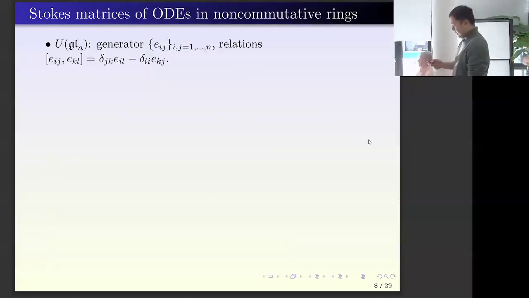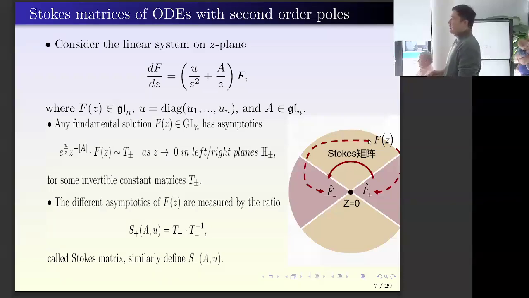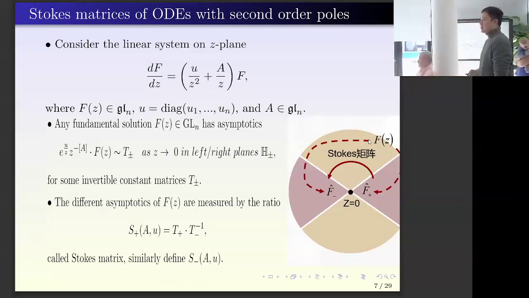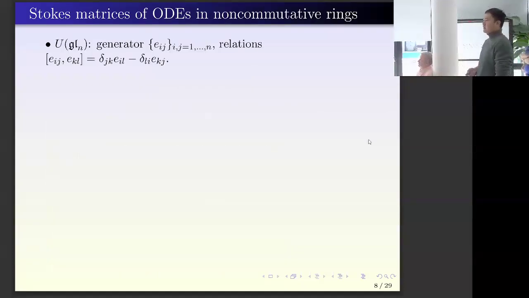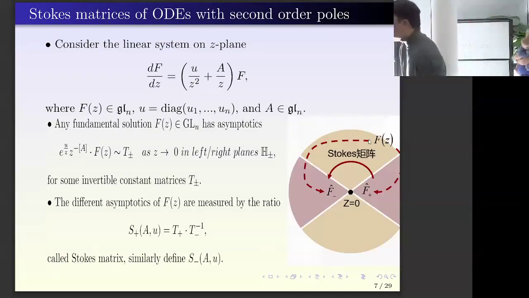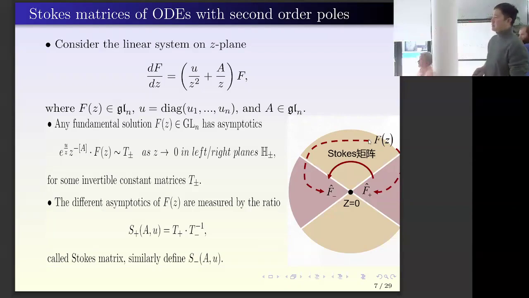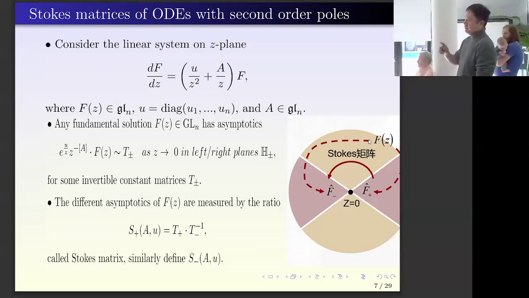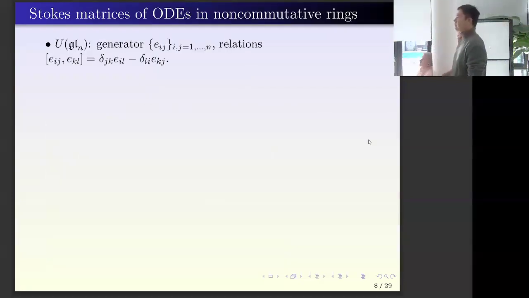Okay, and so now let's first produce a quantum group from this data. For that, I need to replace this residue matrix A by its non-commutative analog. Recall that here A is an n by n matrix with complex entries. I will replace these complex entries by a non-commutative analog.